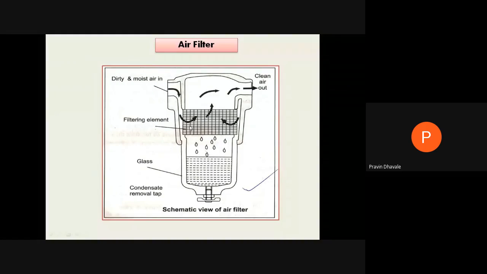Whenever the air passes through this filter, the size of the porous area in the filter varies from 5 to 50 microns. So that much smaller particles we can filter by using this filtering element, right? And the clean air is passed to the next part of the pneumatic system. So in this way this air filter works.